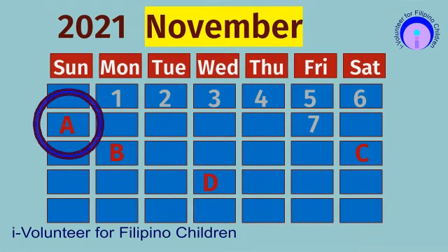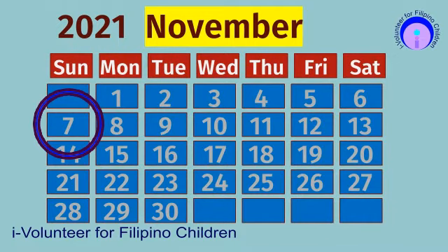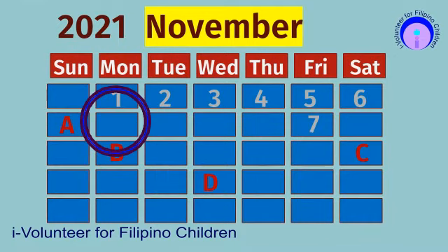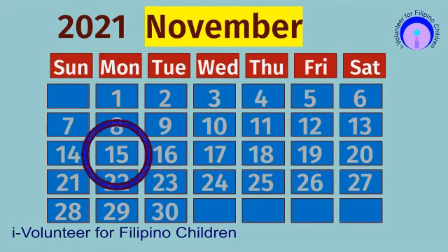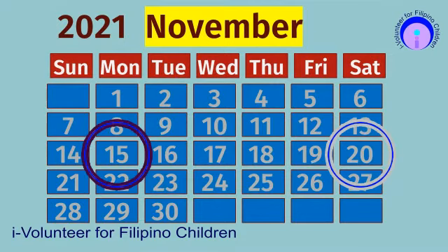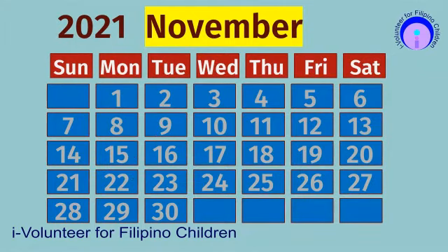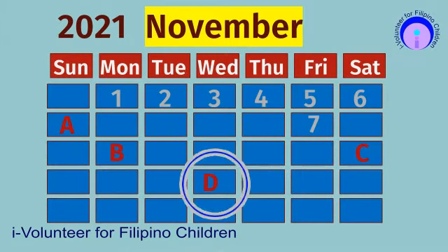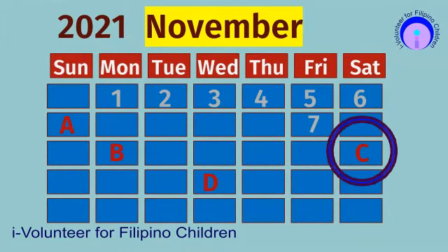A represents November 7, 2021. From 7, we have to move forward 1 day, plus 7 is equal to 15. To find letter C, we have to start counting the day after 15. 15 plus 5 is equal to 20. For letter D, we have 20 plus 4 is equal to 24.